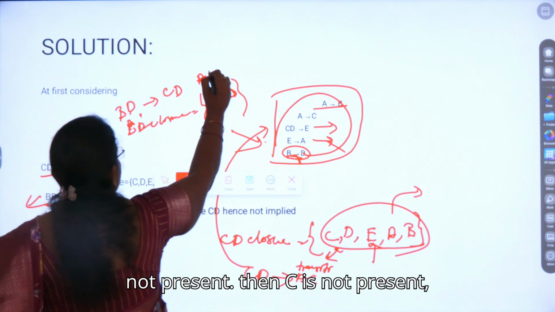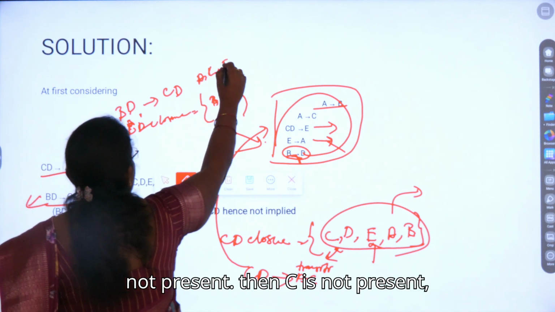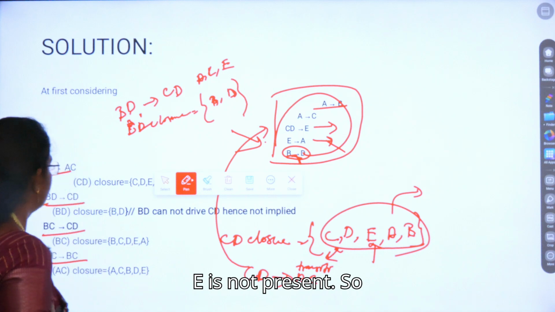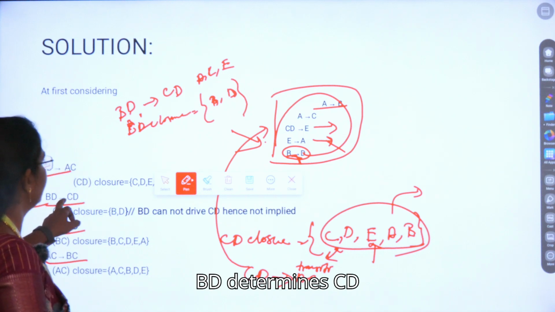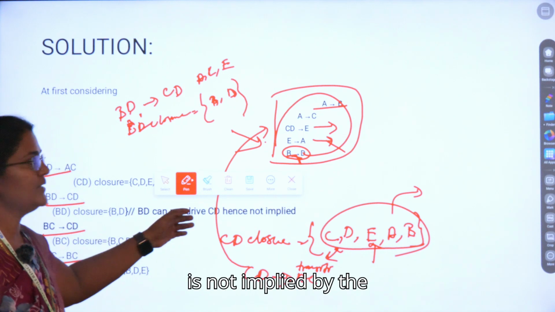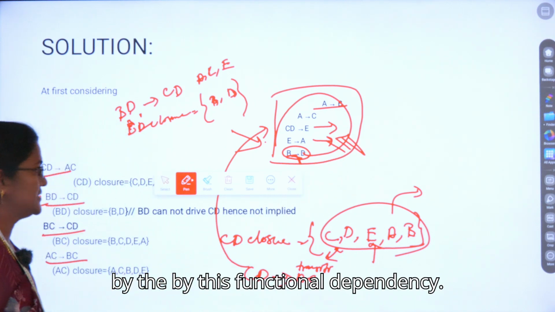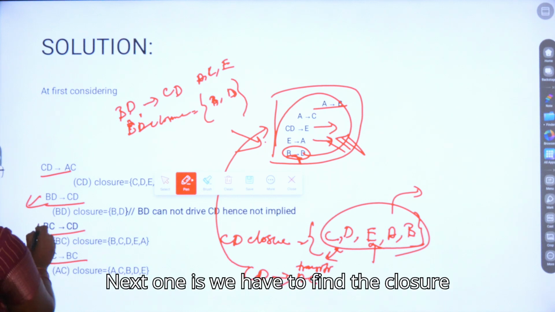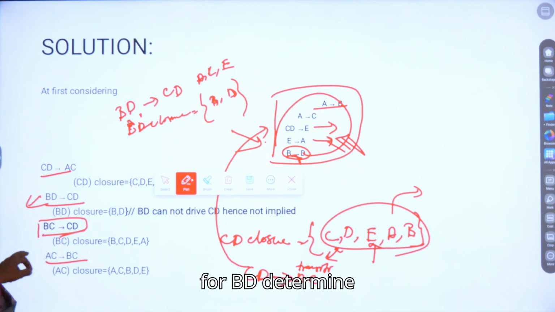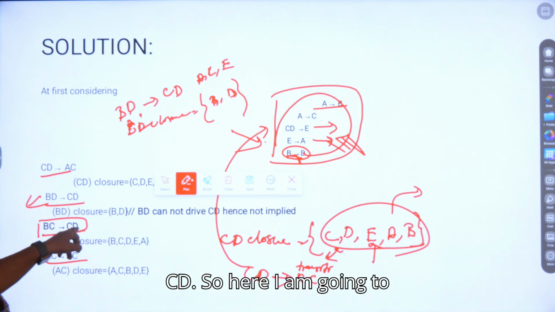A is not present, C is not present, E is not present. So BD determines CD is not implied by these functional dependencies.